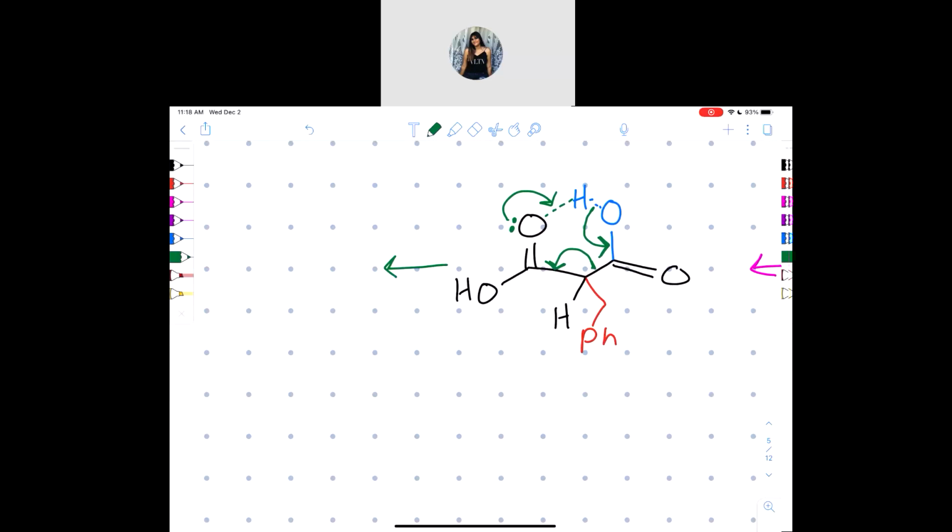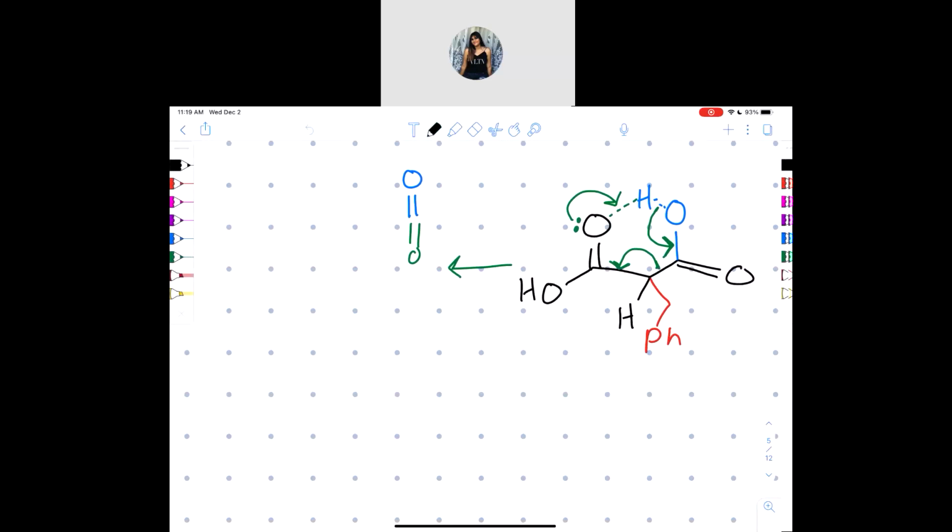Does anyone remember what our side product is, or our byproduct that we don't really care about? CO2, exactly. So we have our CO2 in the background. We don't care about him. Oh, my bad. I don't know why I did that. And then the product that we actually do care about is going to look like so.